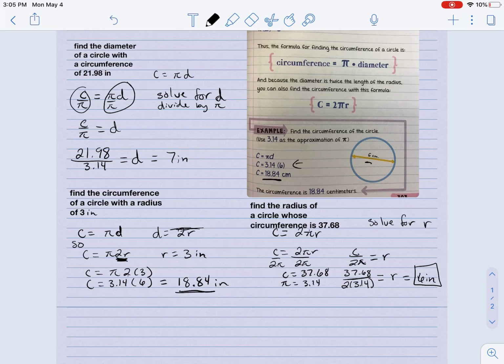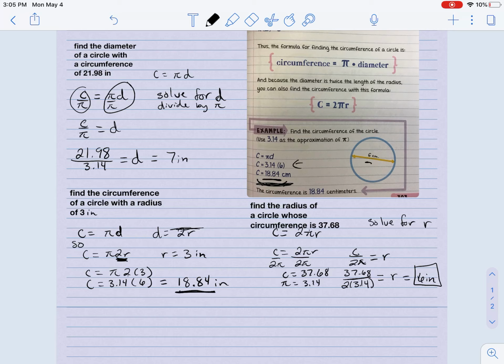That gives us our circumference from the radius. You'll notice r is 3, which is half of 6, which over here was our diameter, and we get the same answer, 18.84.